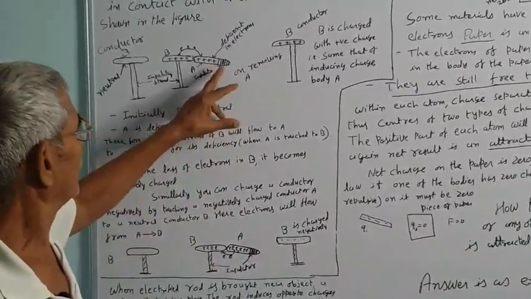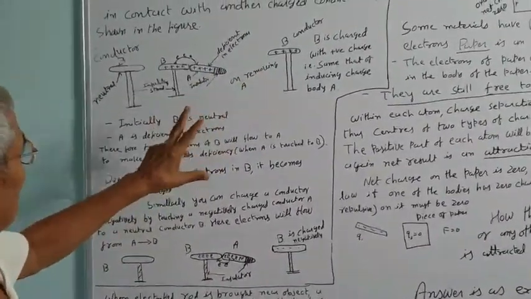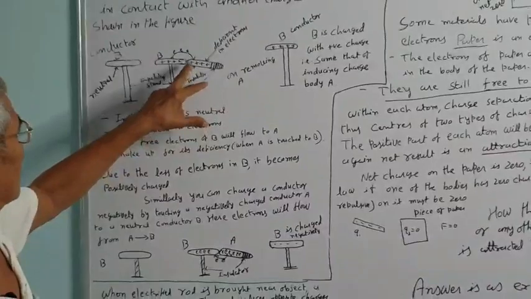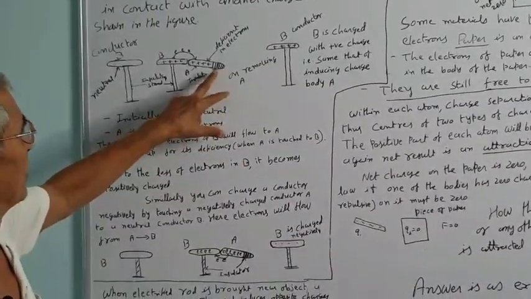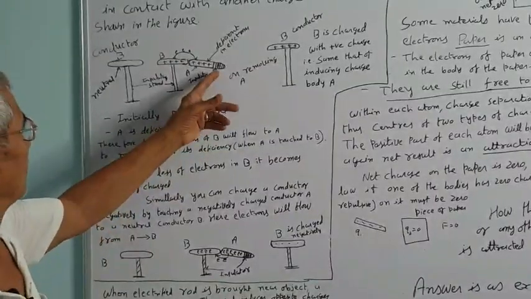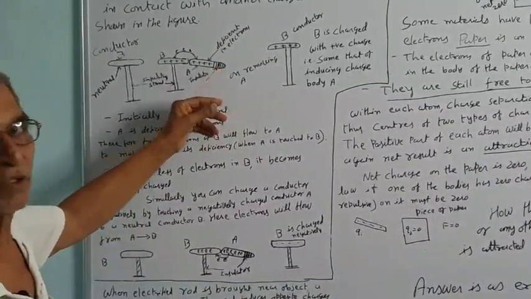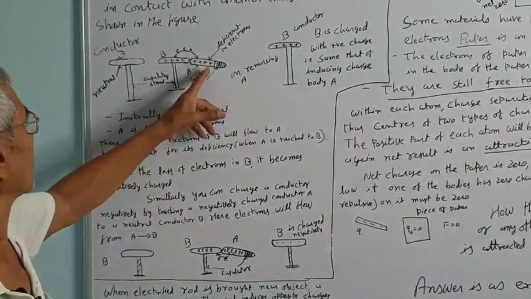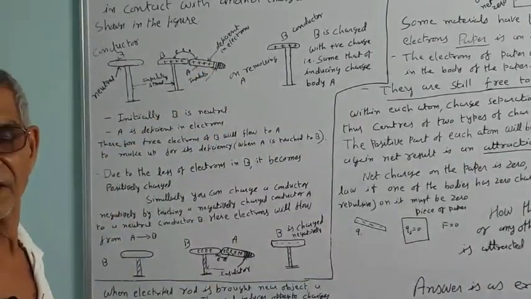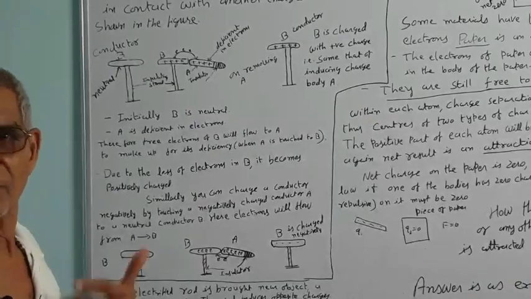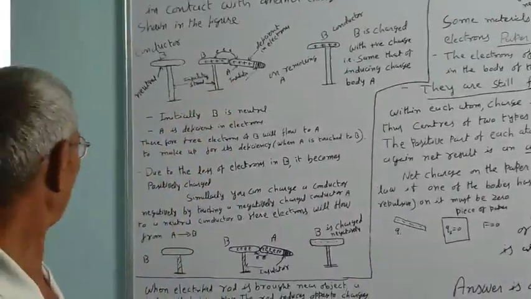Remove A. Correct? Now here care should be taken that the conductor A should be provided with an insulating handle. If an insulating handle is not used, then whatever charge is on the conductor A will flow through your body into the earth. That is, electrons from the earth will come to your body and neutralize it.